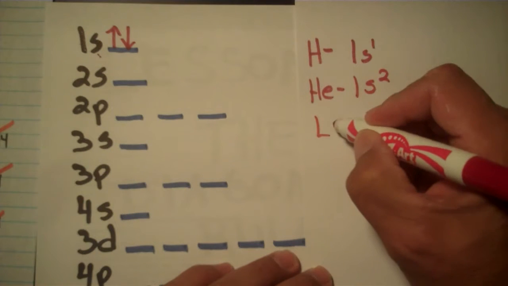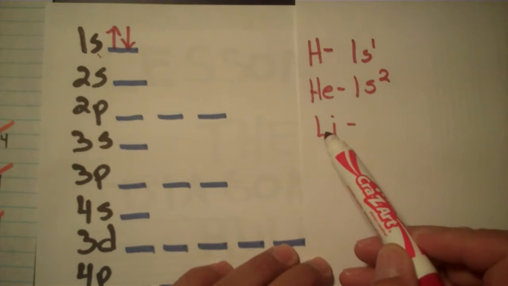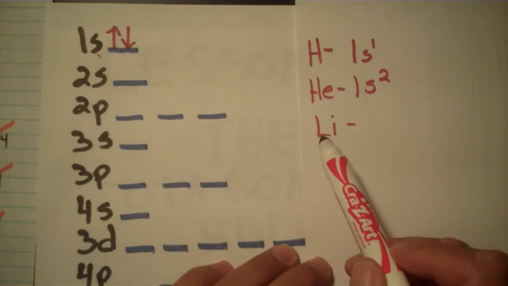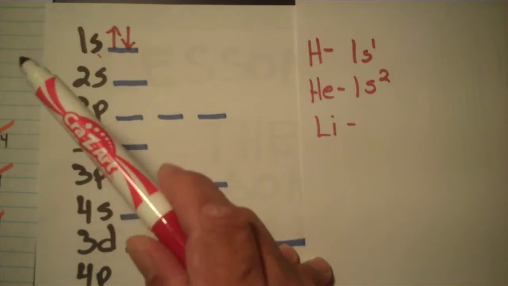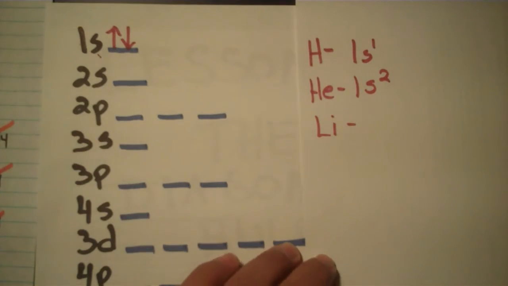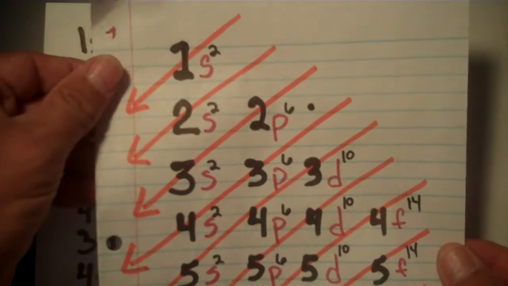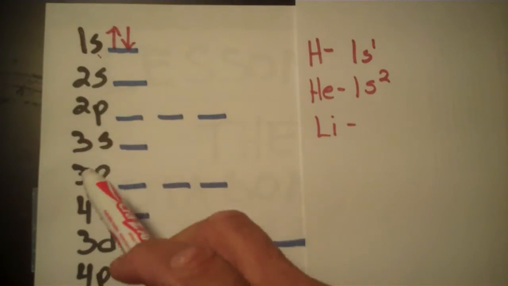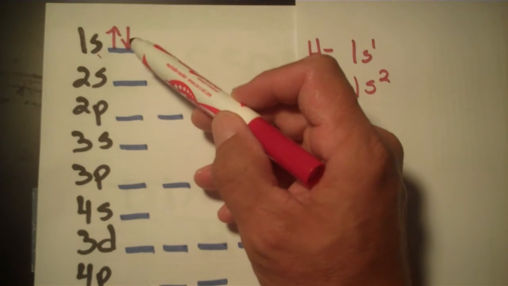Now lithium we also did yesterday, and let me show you exactly what we really did. There are 3 protons in lithium, therefore there are 3 electrons. So I need to place those 3 electrons. I come up to my roadmap, the diagonal rule, and I'm following it, but I've already put them in order right here. I'm going to fill up 3 electrons. On the 1s, I'm going to put 1 up, 1 down.